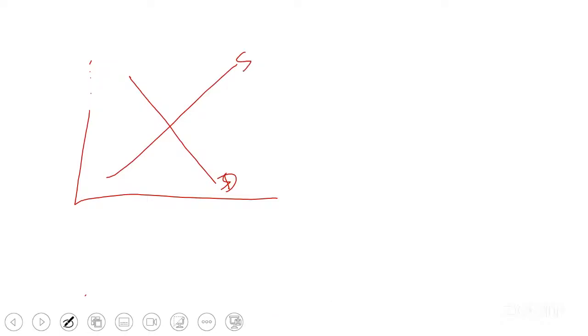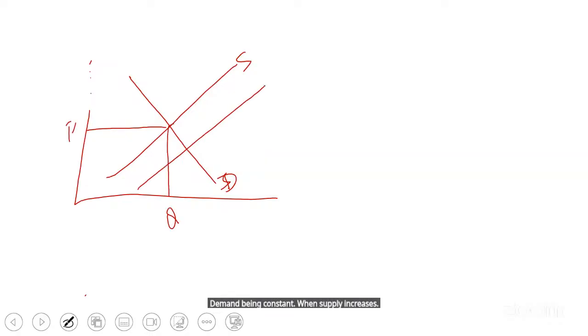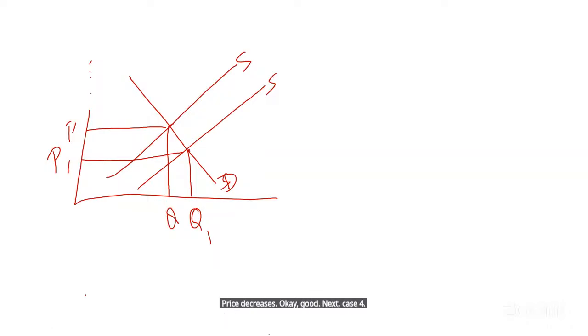Demand being constant when supply increases, quantity increases, price decreases. Okay, good. Next, case 4. Demand being constant when supply decreases.